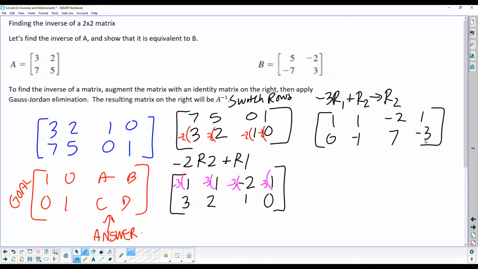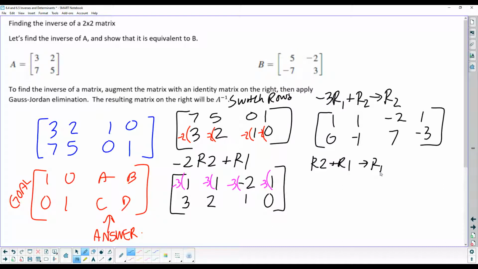Oh, this is good. This worked out great. So we do want a 1 here for sure, but I wouldn't divide by -1 or change the signs yet, because if we add it up right now, we're going to get our 0 above it, and then we can divide that negative away. So we're just going to add row 2 to row 1, and put that in the row 1 spot.